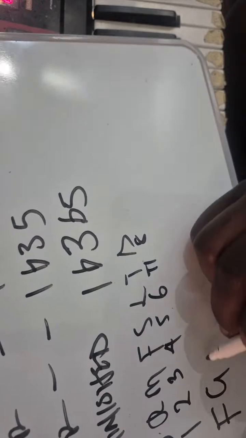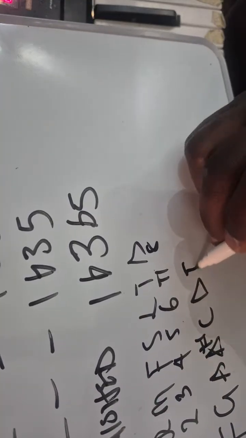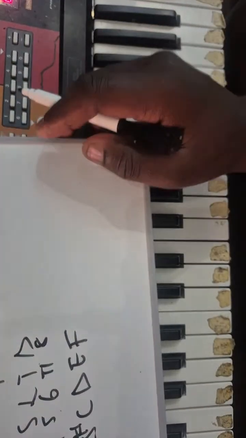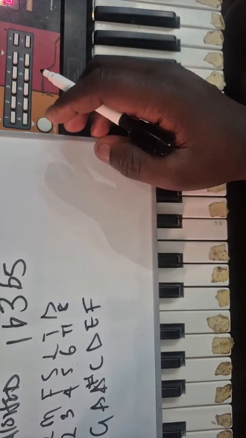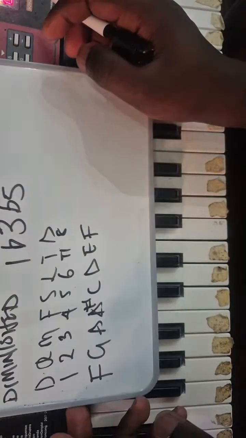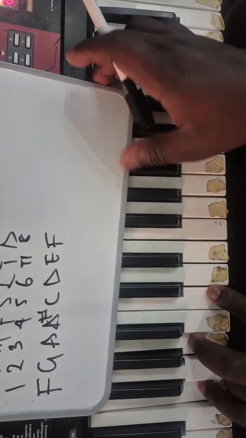So the F major scale is F, G, A, B flat, C, D, E, and F. What we are saying is, if we want to form the F major scale, it's important to understand how it works, because for me, I'll tell you the truth, how I learned was someone just told me, put your hands here, put the other one here, and put the other one here.